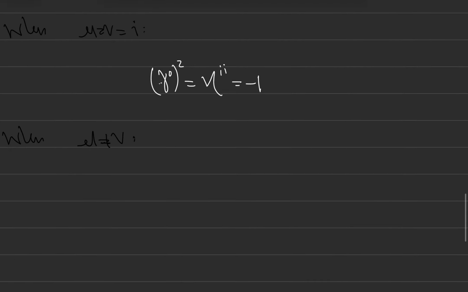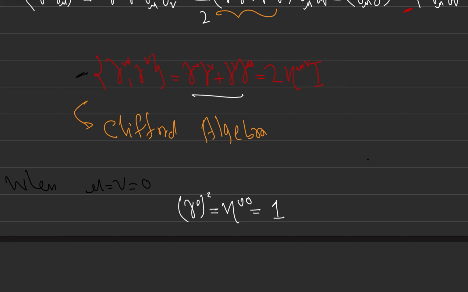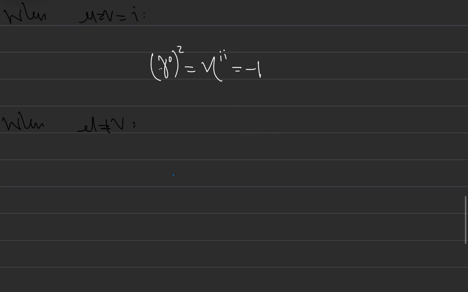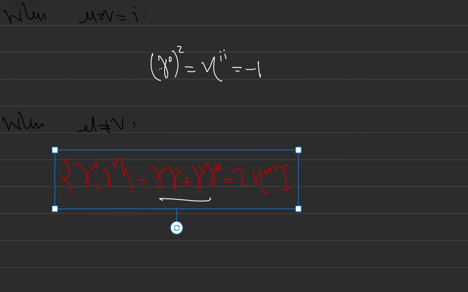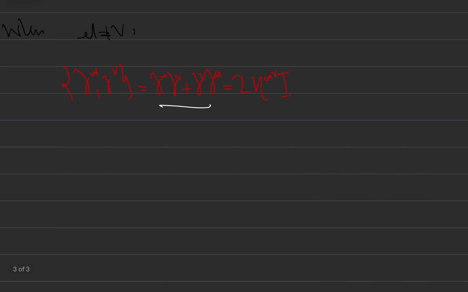Let me just copy paste the algebra for you. When mu does not equal nu, then we know that this part is 0. If this part is 0, then that implies that when mu and nu are not equal, gamma mu is just equal to minus gamma nu, gamma mu.